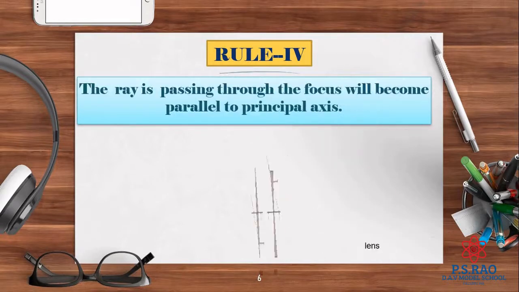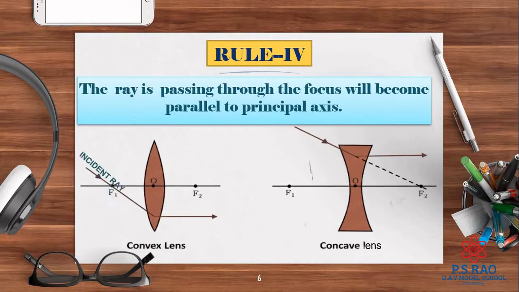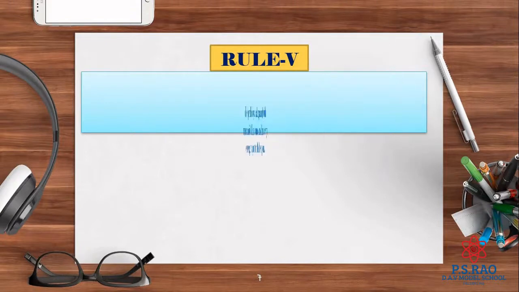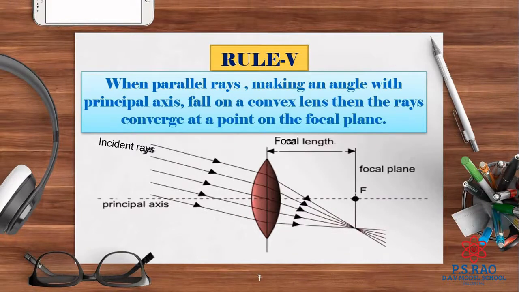If the ray is passing through focus, then the refracted ray will become parallel to principal axis. Rule 5. When parallel rays making an angle with the principal axis fall on a convex lens, then the rays converge at a point on the focal plane.